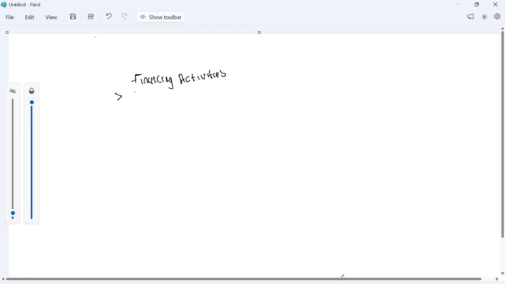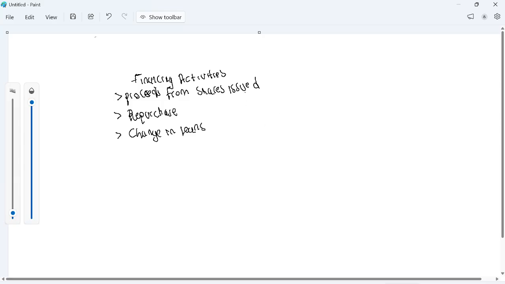Under financing activities we have what is known as proceeds from shares issued, and then we have the repurchase. Then we have what is known as change in loans. So what is your proceeds from shares issued?